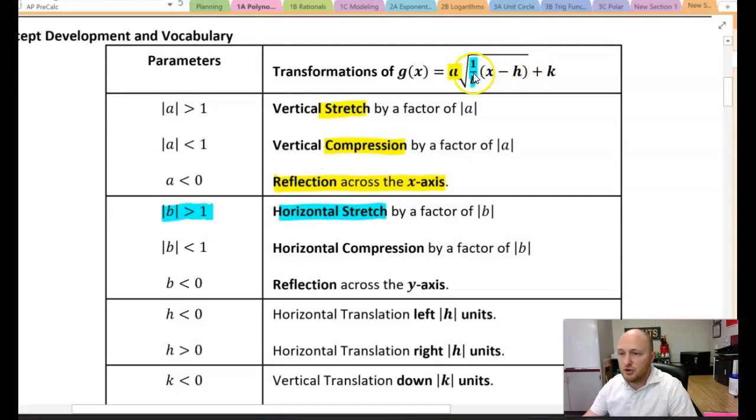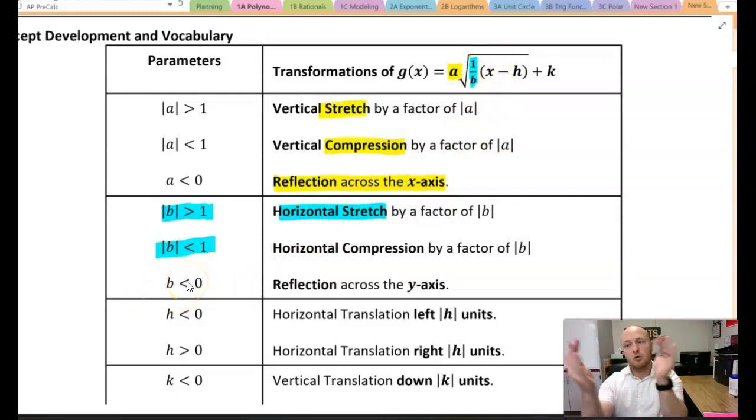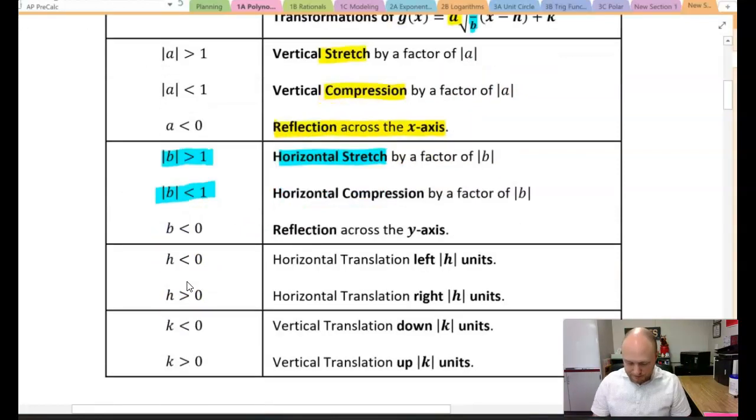If you see a 2, a 3, a 4, a 5, and you're thinking, hey, there should be a stretch there, well, remember you have to take the reciprocal of this, okay? So that would actually be a horizontal compression. All your X values are going to get tighter together. And then obviously if your B value is less than 0, that's going to result in a horizontal reflection.